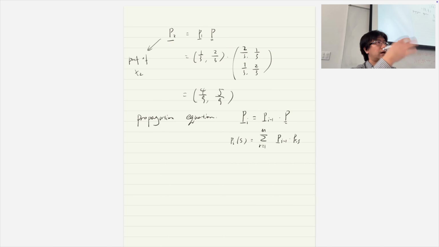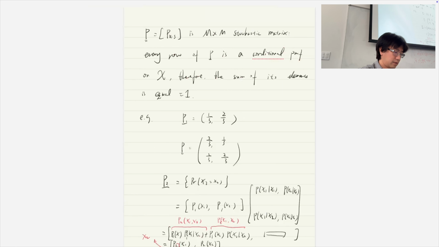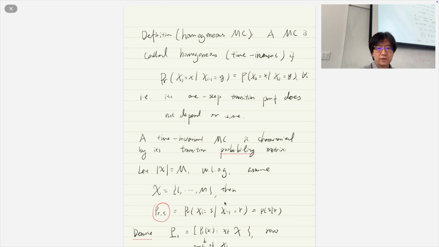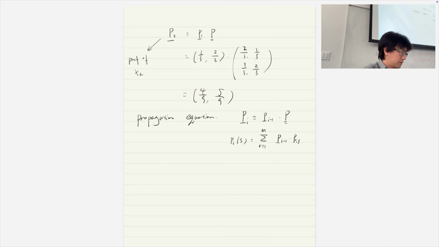Remember what the index R is, right? R is here. We basically use this, multiply the probability of R, and then we sum over R, then get the marginal distribution for each value. That makes sense? Good? Okay, very good. So this is the propagation equation, right?